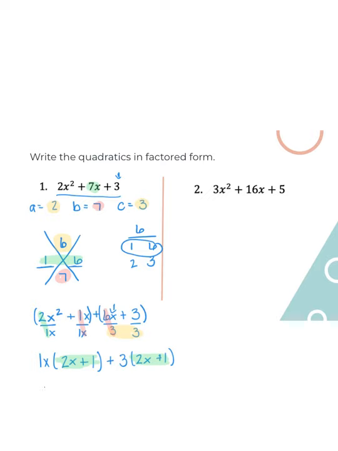So I'm going to do 1 parenthesis 2x plus 1, and then I'm going to close it. And then I'm going to multiply it by what's on the outside. So what I have on the outside right now is this 1x and this plus 3. So now I'm going to put that in my second set of parentheses, 1x plus 3.